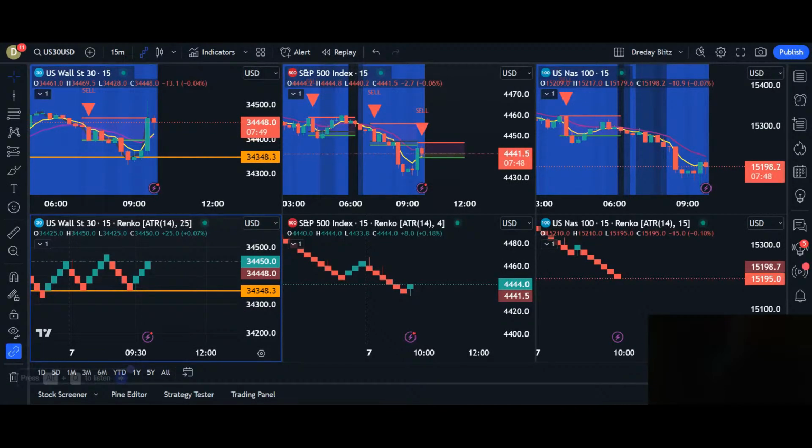It could be the Asian session, London session, and New York session. Even the Australian dollar has good movement too. And like I said, the indicator works on any type of market. It could be crypto, stocks.